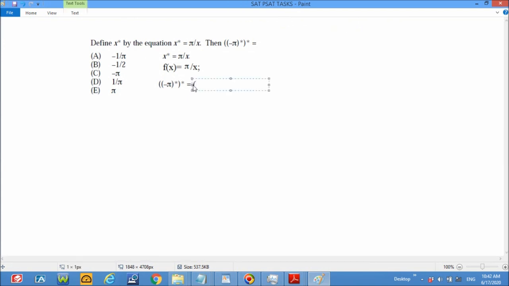So it will be f minus f of x and star and star again.